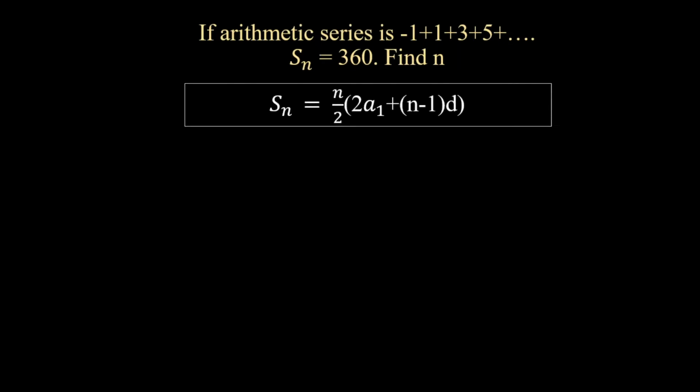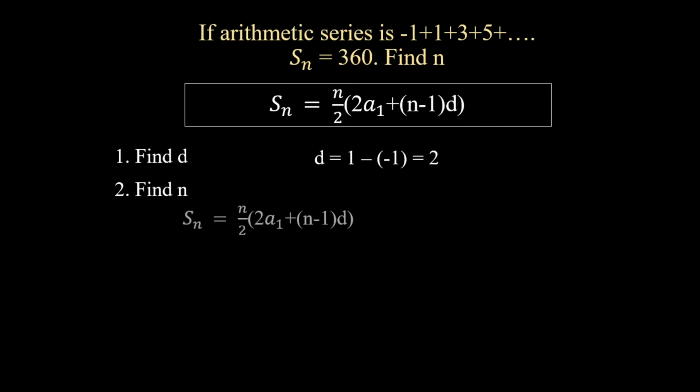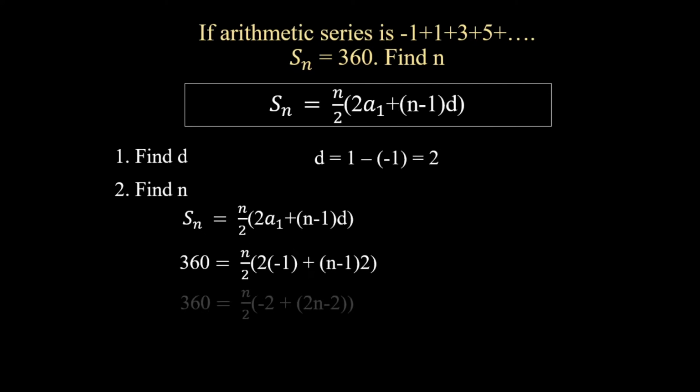First thing first, you have to find d, or the common difference. d equals the second term minus the first term, so you get 1 minus -1, which is 2. Now you can substitute all the variables in the arithmetic series formula. So you get 360 equals n over 2 times parentheses 2 times -1 plus n minus 1 times 2.